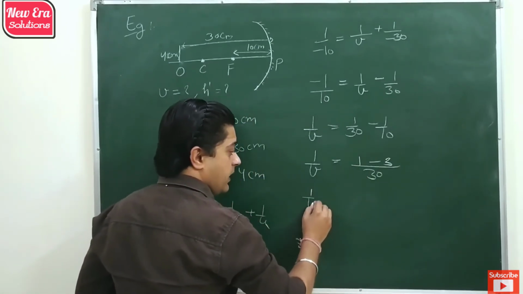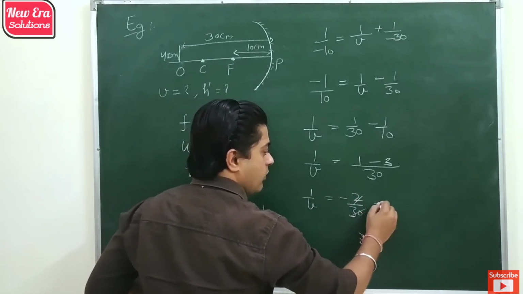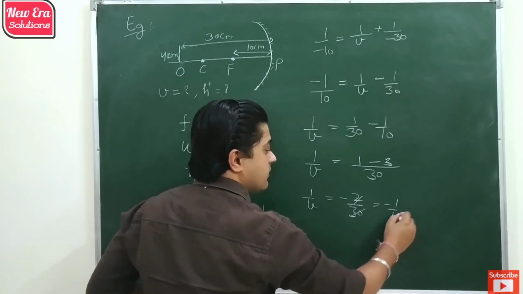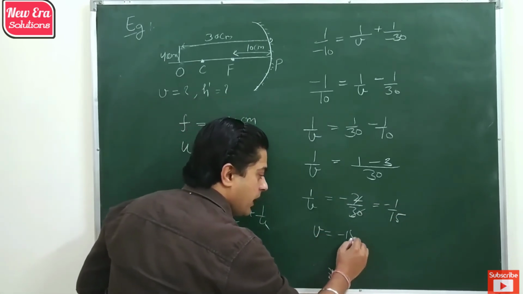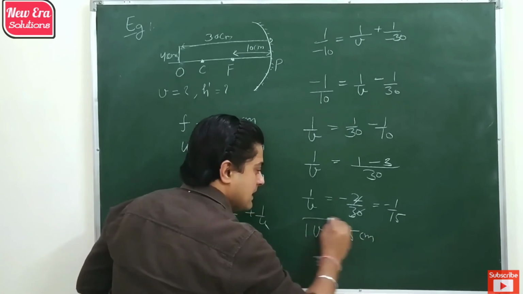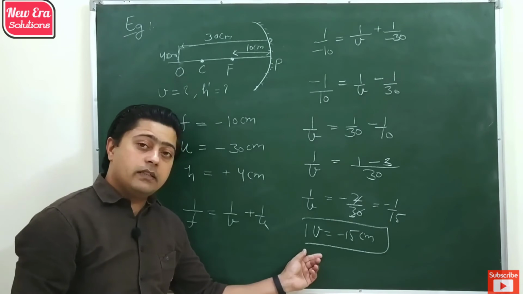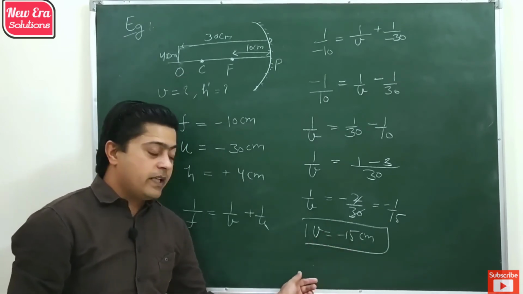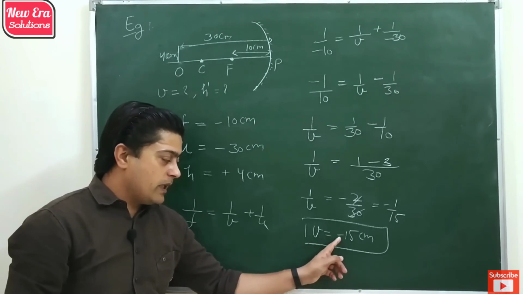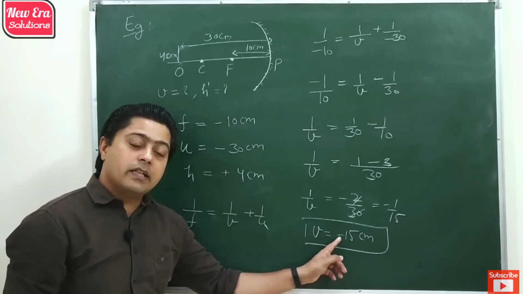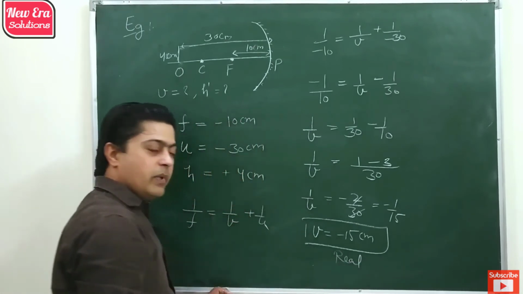So 1 by v is equal to minus 2 by 30, or we can say minus 1 by 15, and v is equal to minus 15 centimeter. So the distance of image is minus 15 centimeter, and we also observe the image distance is negative, so it is a real image.